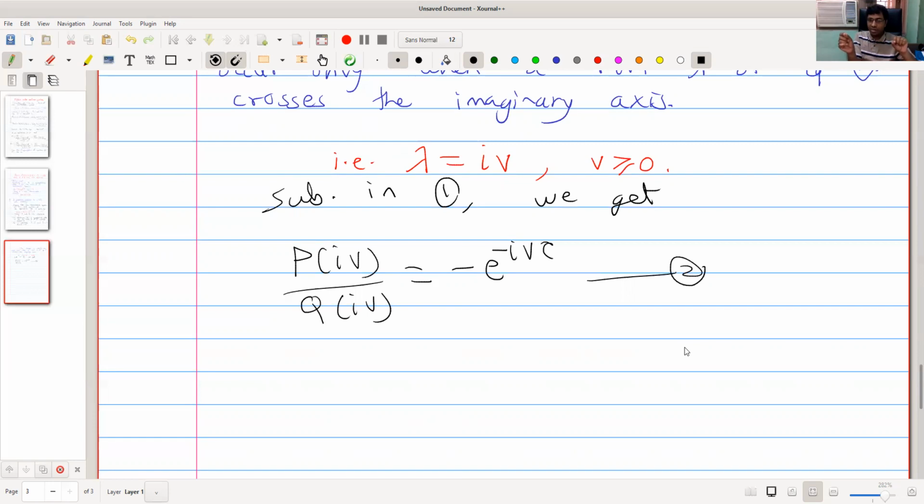And if tau is bigger than tau star, then we will get unstable solutions. So let us note down all these things.